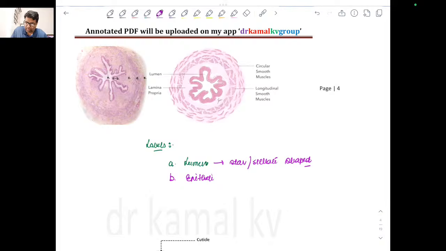An epithelium in ureter is transitional epithelium, also known as urothelium. So this is transitional epithelium. Now the label C is the inner longitudinal muscles.